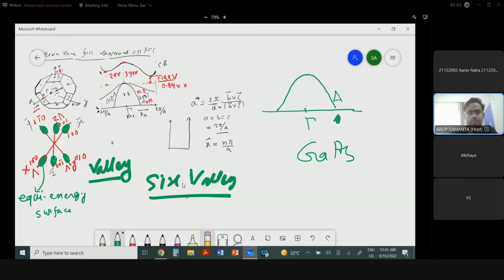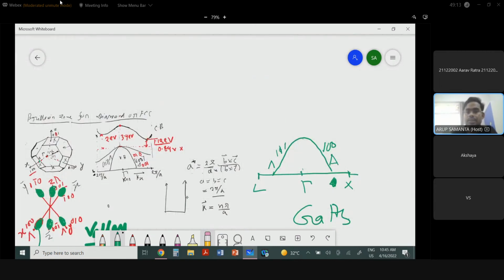This is along the alpha direction. This is the 111 plane. This is the 100 plane, including all 6 directions. So this is the X point, and this point we call the L point. Of course, this splitting should be two sides like this.